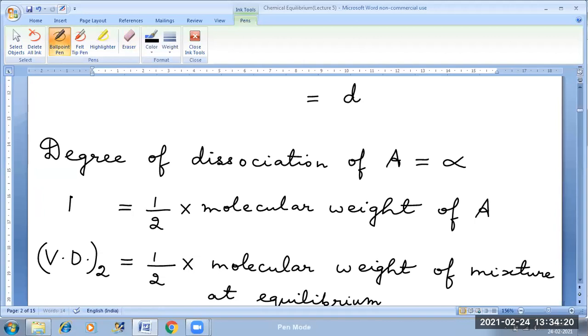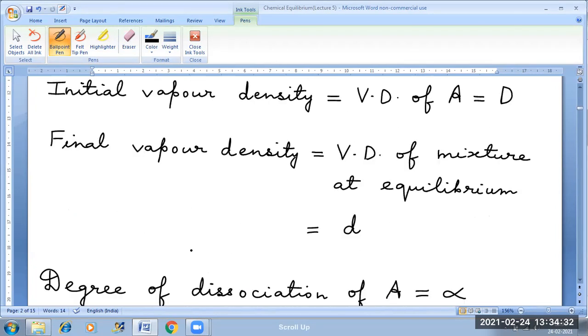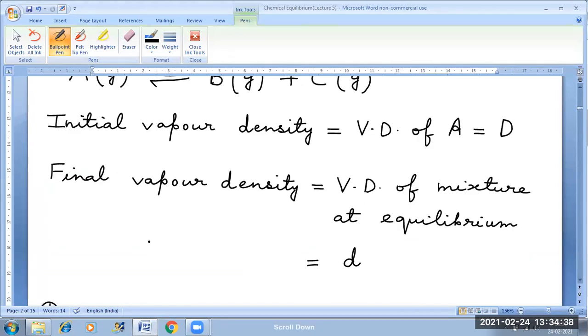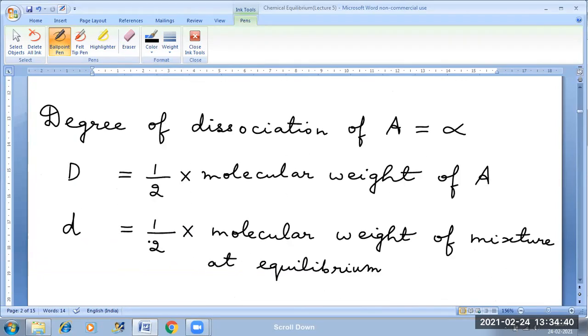Okay, coming to vapor density. What is capital D? Half of the molecular weight of A. Why A? Because initially only A was present. At equilibrium, we have a mixture of A, B, and C. That is why we say that at equilibrium, the vapor density is half of the molecular weight of the mixture.